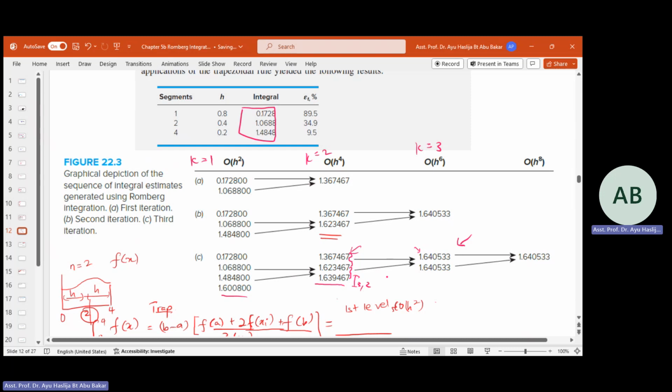Now here, level 3. This value will be I 1,3, and this one I 2,3. And it is already approaching the true value.